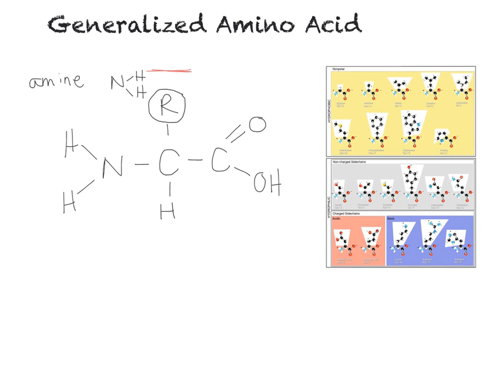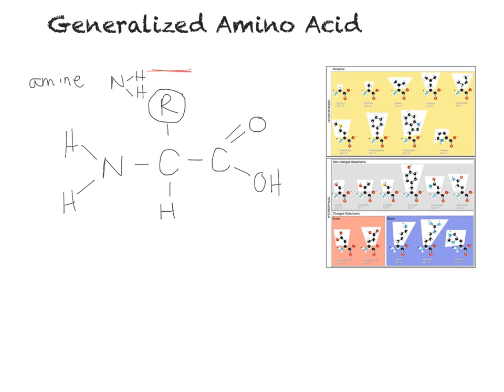Okay, so here's what I'm talking about here. So all amino acids are going to be exactly the same. Okay, so here in these diagrams, the black and red part is the carboxyl group, and the blue and white part is the amine group. All 20 of the amino acids that occur in nature are exactly the same. The only exception is the R group.